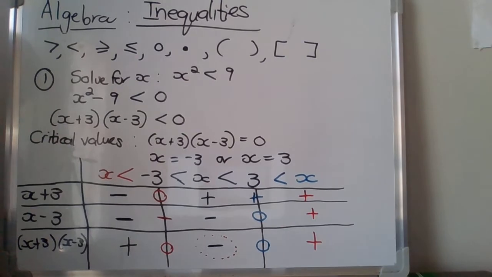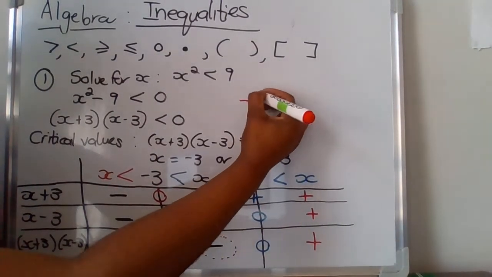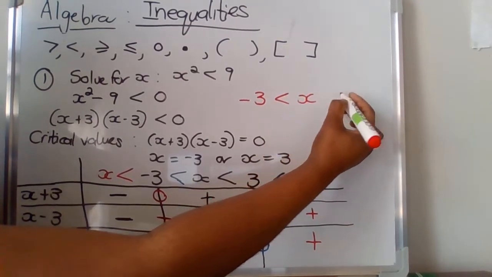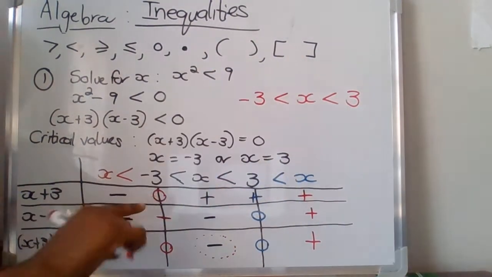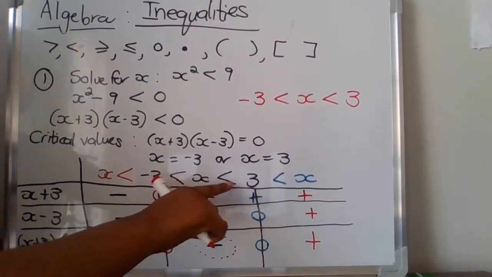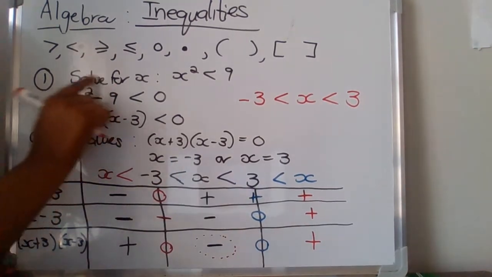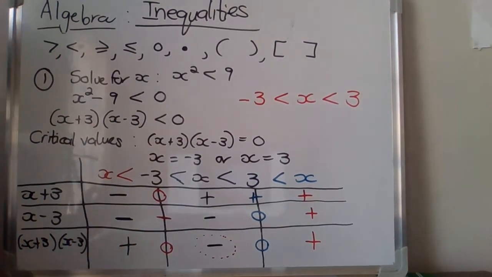And because of that, my solution for x is going to be minus 3 is less than or equal to x and less than 3. So if I take any values that lie between minus 3 and 3 and substitute them back into here, I'm going to get a negative value as an answer.